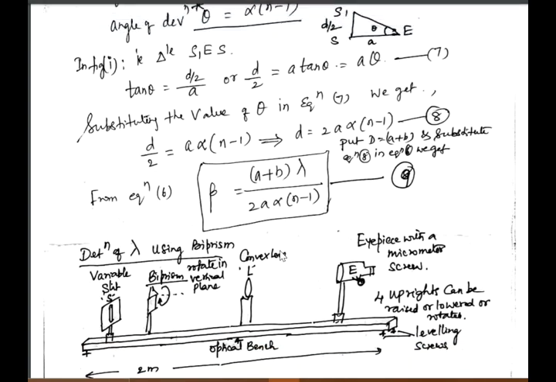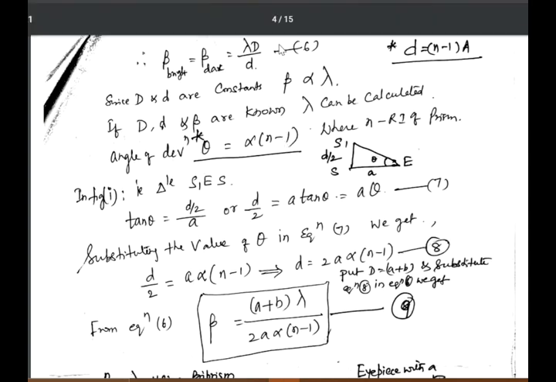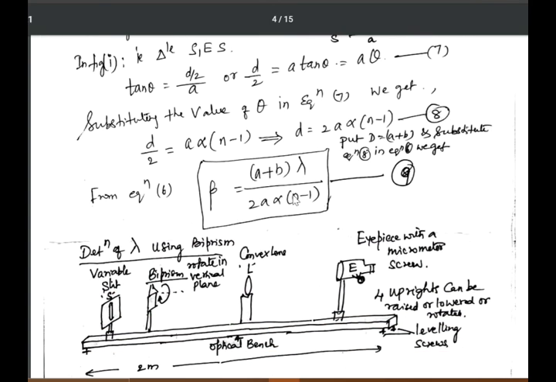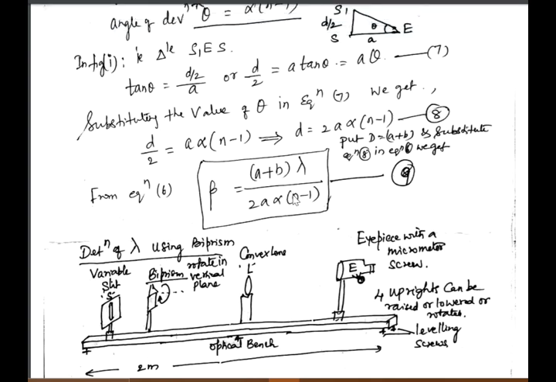So this formula you can make use of to find fringe width in a biprism experiment, because you cannot measure small d, even you cannot measure capital D. So in the earlier equation, that is equation 6, we have replaced capital D by a plus b and small d by equation 8. So equation 9 gives you the fringe width formula in a biprism experiment, interference by division of wavefront.